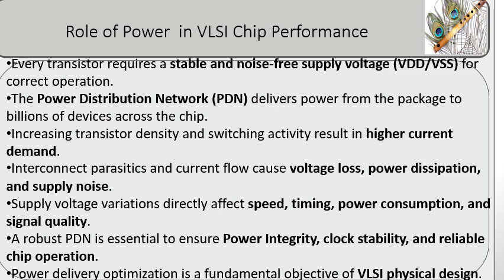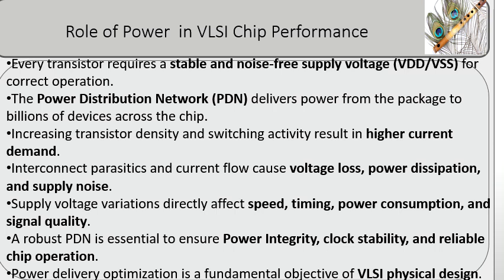Power is one of the most critical factors governing the performance and reliability of a modern VLSI chip. Every transistor requires a stable and noise-free supply voltage to switch correctly and meet its timing requirements. The power distribution network, or PDN, delivers this supply from the package to billions of devices across the chip.